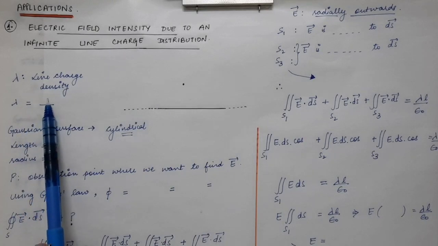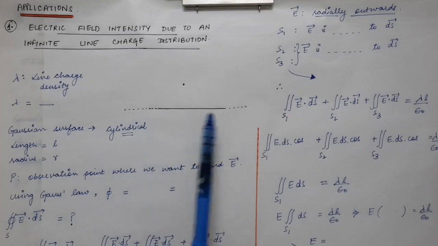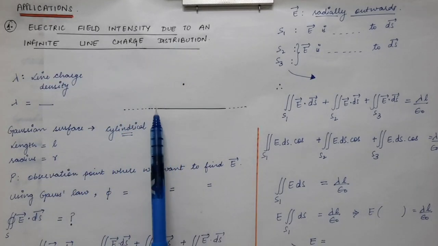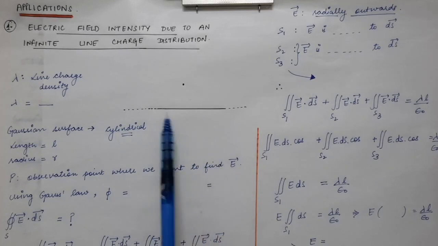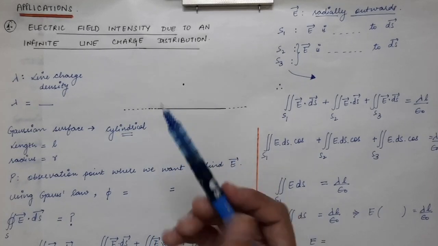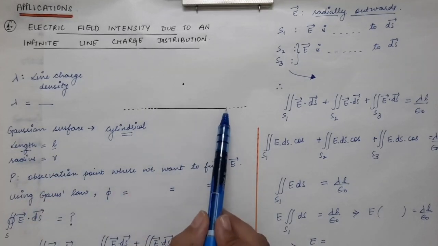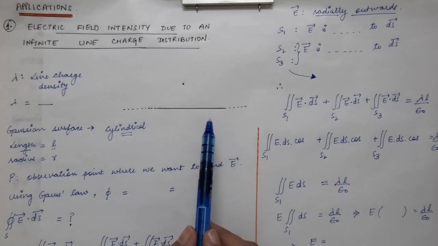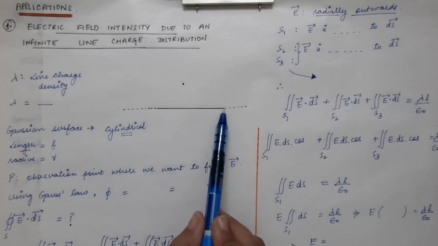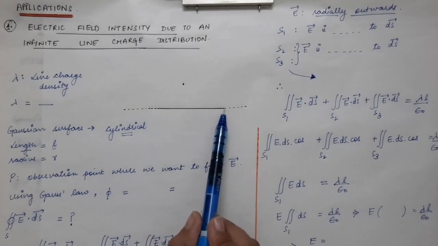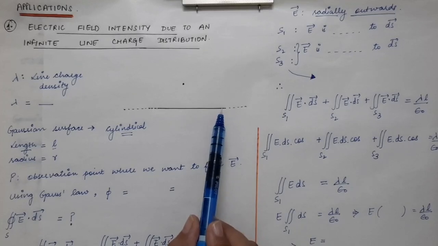So this is equal to total charge divided by total length. Let's say we consider only a part of this infinite line charge distribution, whose length is equal to small l, and let's say the charge present in this length is equal to small q.